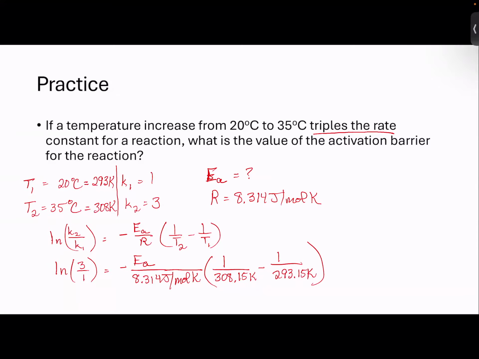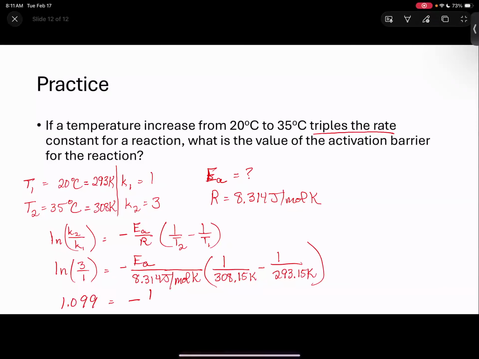So we're looking at the natural log of 3 is 1.099, which is equal to negative E sub A over 8.314 times a negative 1.66 times 10 to the minus 4, and that's per Kelvin.